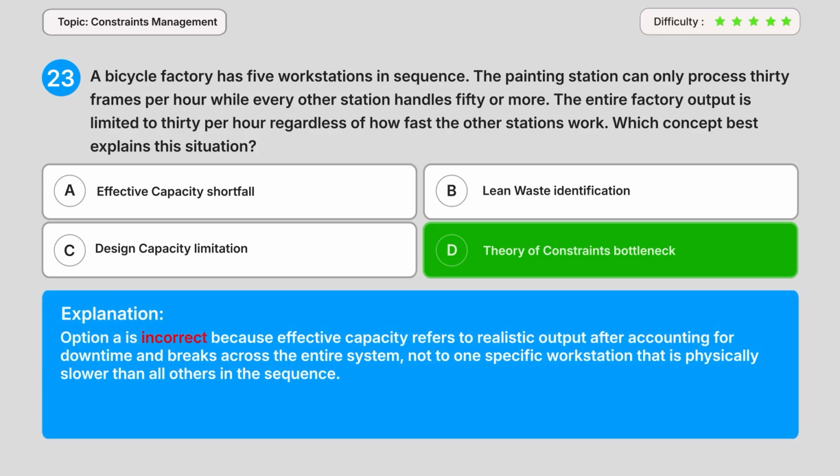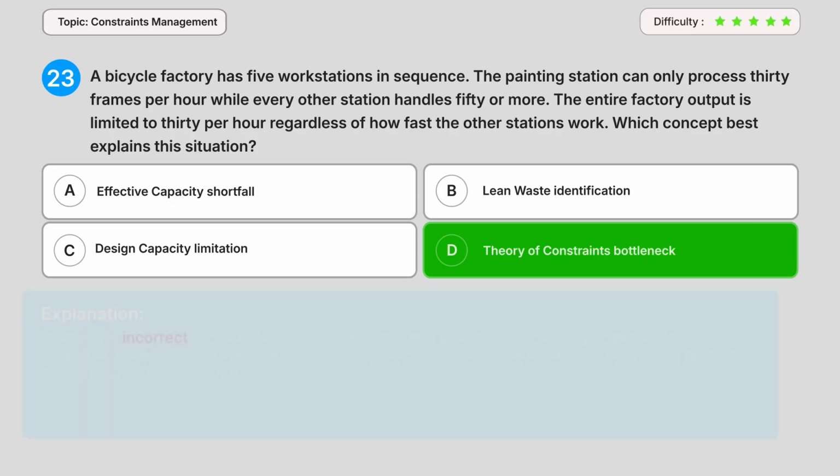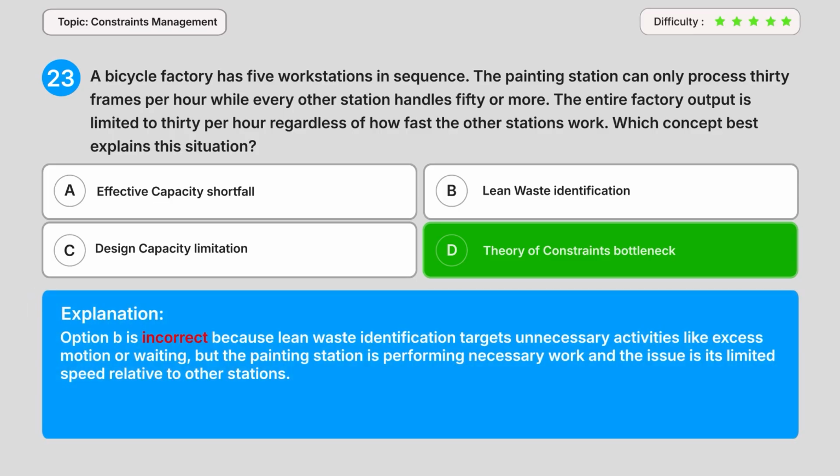Option A is incorrect because effective capacity refers to realistic output after accounting for downtime and breaks across the entire system, not to one specific workstation that is physically slower than all others in the sequence. Option B is incorrect because lean waste identification targets unnecessary activities like excess motion or waiting.